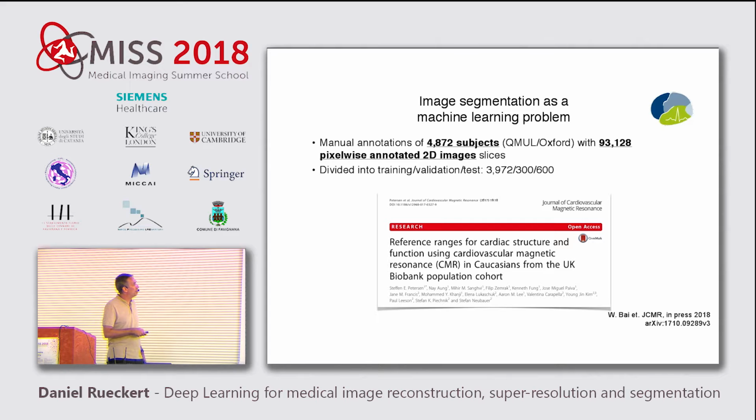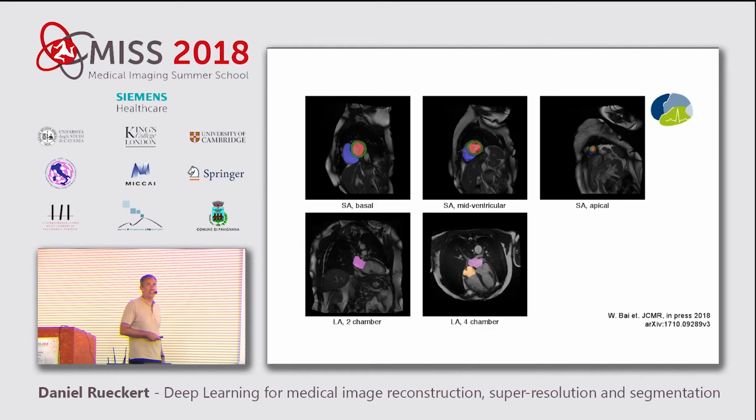You compare it to a manual observer and you can do it as well as an expert. Not better, but as well as an expert. So that's solved. Now, I'm sure that many of you have done this before and come up with a very nice working algorithm. So this one should now solve all cardiac MR image analysis problems.